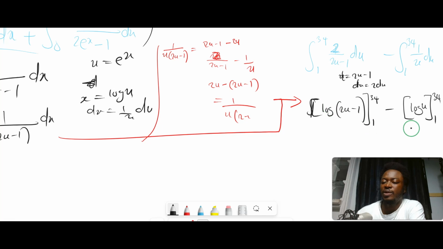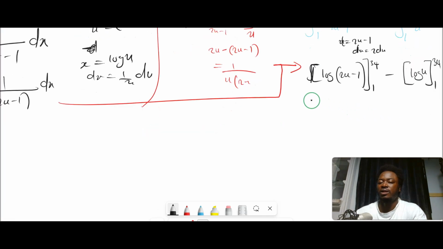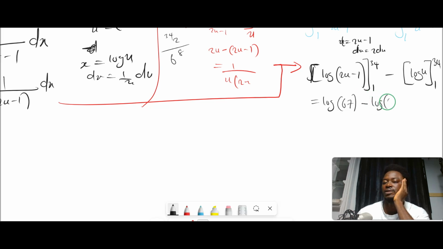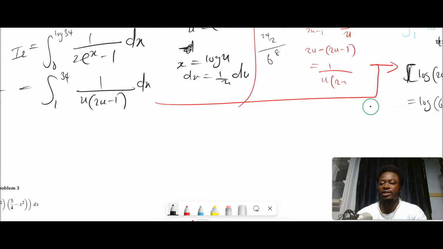In both cases, when u equals 1, they vanish. So we only need to deal with the case of u equals 34. 2 times 34 is 68, and 68 minus 1 is 67. So we have logarithm of 67 minus logarithm of 34. Okay, so keep that in mind. That is for I2.